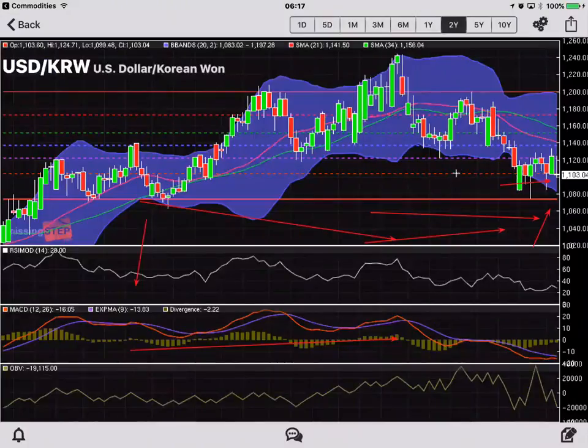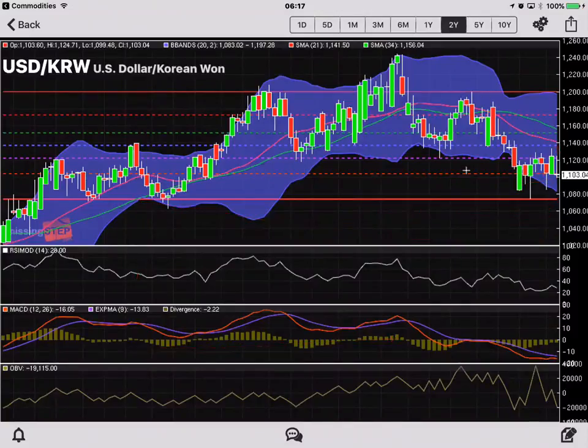Korean won. Nice little pattern here. Might want to take this long. Try for the moving average here. Whoops, too many arrows. Interesting here, narrow pattern.